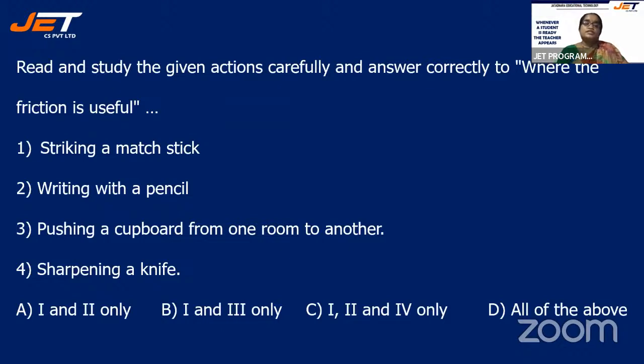Next one. Read and study the given actions carefully and answer correctly to where the friction is useful. Read the actions given below correctly, and select the option accordingly. Striking a match stick, writing with a pencil, pushing a cupboard from one room to another, sharpening a knife. 1 and 2 only, 1 and 3 only, 1, 2 and 4, all of the above.